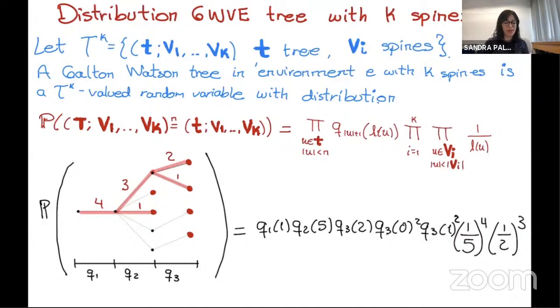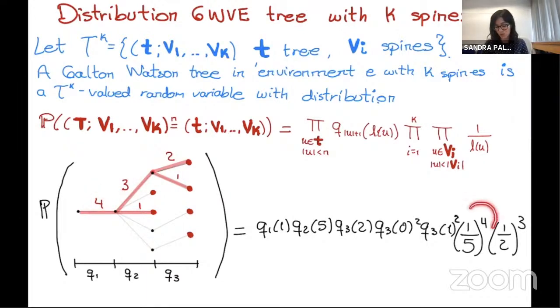And what happened with the spines? Well, since I only have 1 possibility here, all the spines move to the same point. That didn't appear here. But in this part, this individual has 5 children, so the spines have to choose between all of them, and I have 4 possibilities.